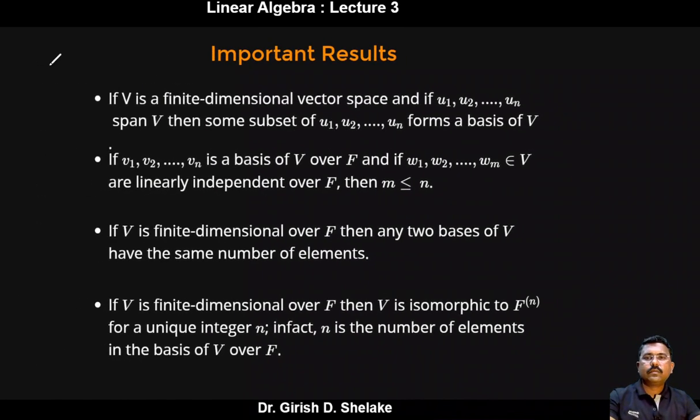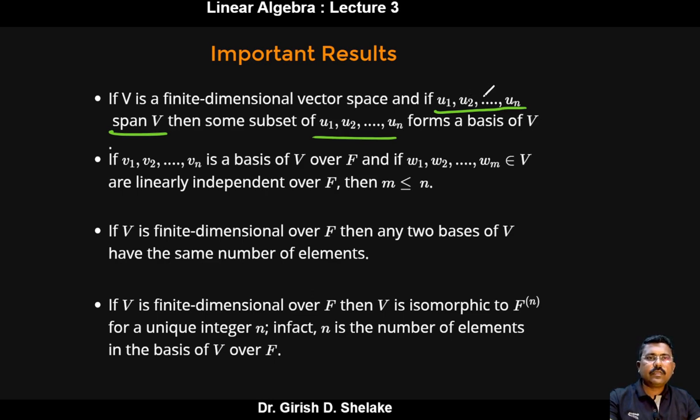Now we consider some important results regarding the basis of a vector space. If V is a finite dimensional vector space and u1, u2 and so on un span V, then some subset of this set forms a basis, because we know that this set spans the whole space V, and if it is linearly independent, then it becomes a basis.